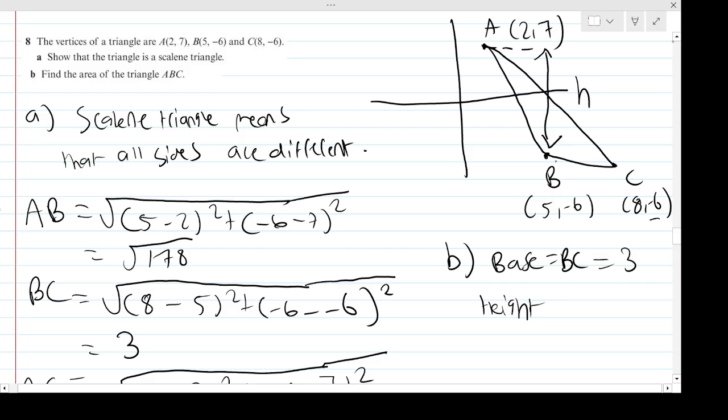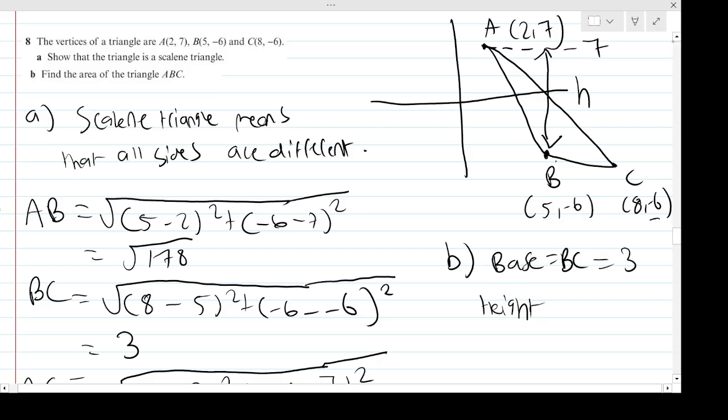Well, we know the y value at A, we know that's 7, and it's going towards B at the base. Or actually, no, it should. Yes, at B. Actually, I should reconstruct my triangle a little bit because B and C have the same y value.